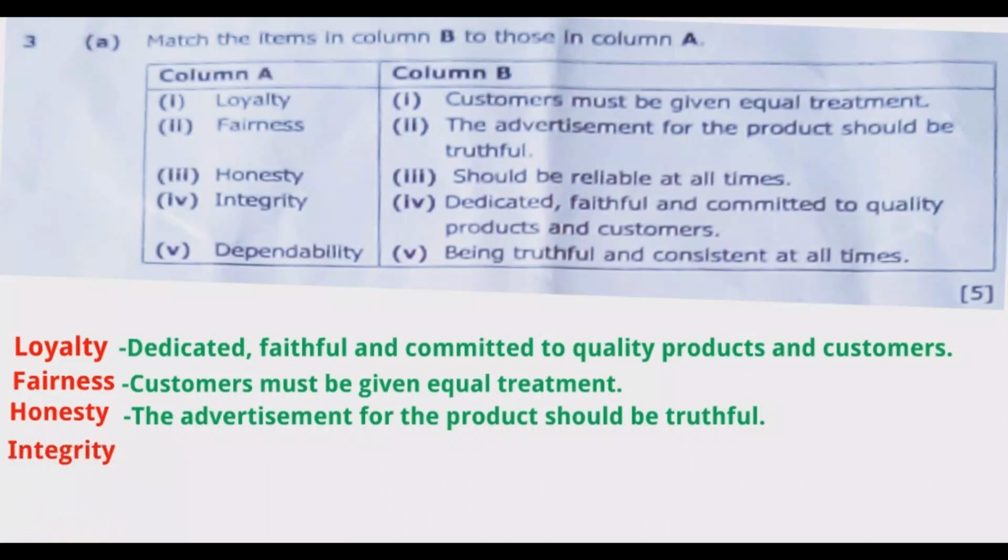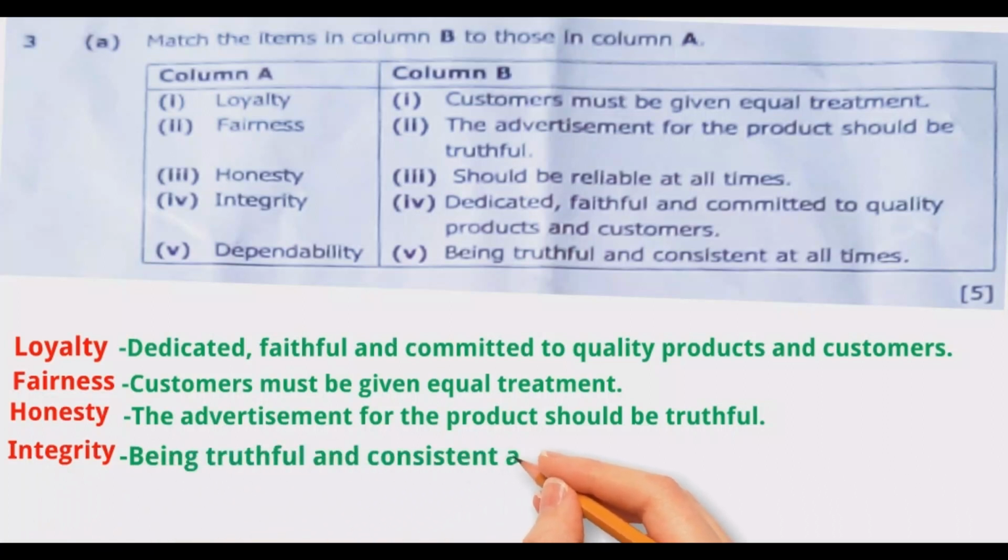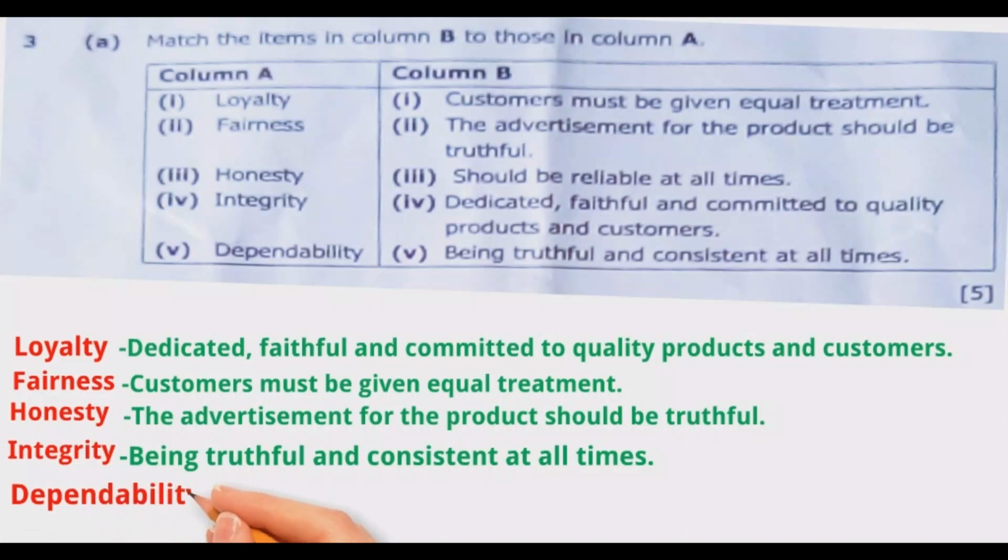So integrity, that is being truthful and consistent at all times. 5, dependability, that is, should be reliable at all times. So those are the correct matching.